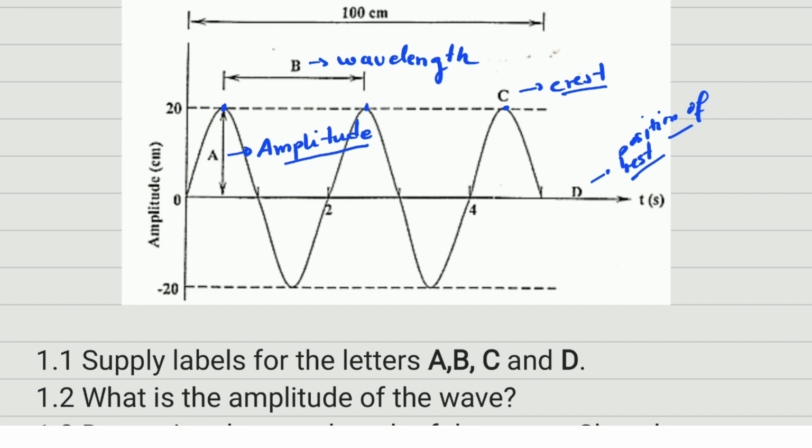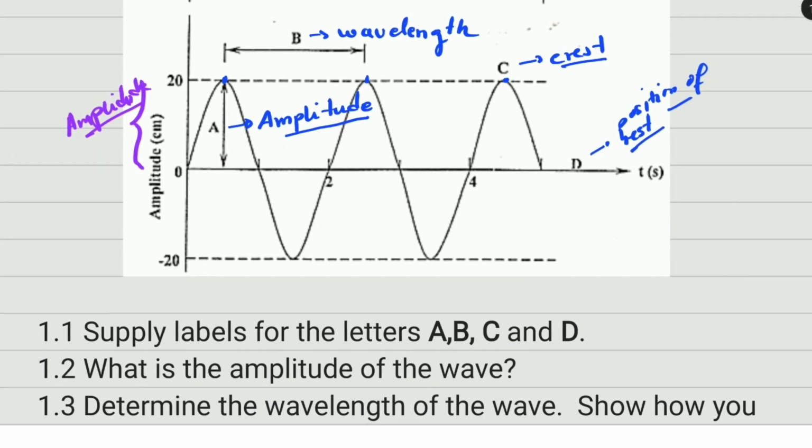What is the amplitude of the wave? If you see that one, you can see here that the amplitude will be this distance here. This is the amplitude that we measured before.